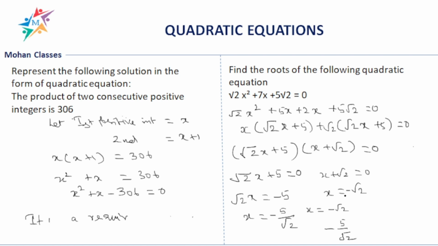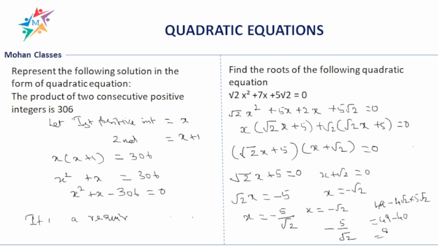So let us check the discriminant b² - 4ac. b² is 49. 4ac means 4 × √2 × 5√2, so that will come as 49 minus 40, right? 4 fives are 20, 20 into √2 into √2, that is 2, that means 40.